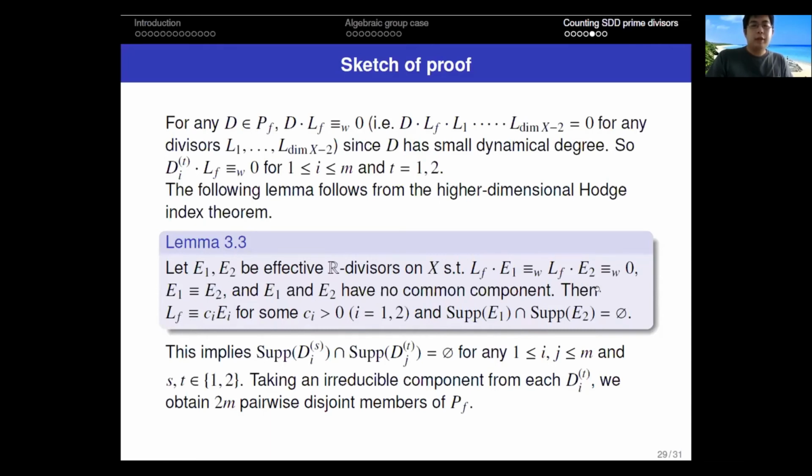Then first, LF is numerically equivalent to some positive multiple of EI, say CI, and E1 and E2 do not intersect.